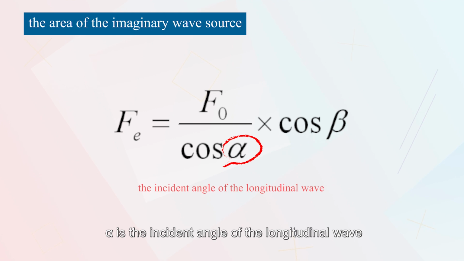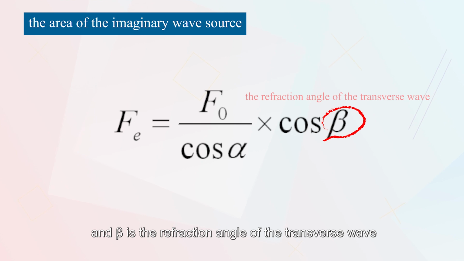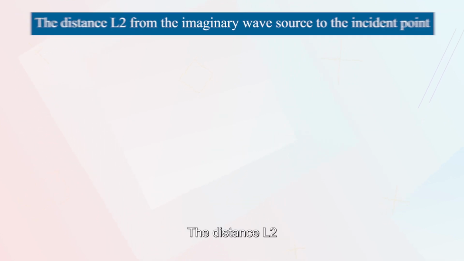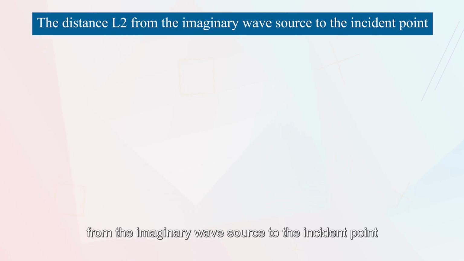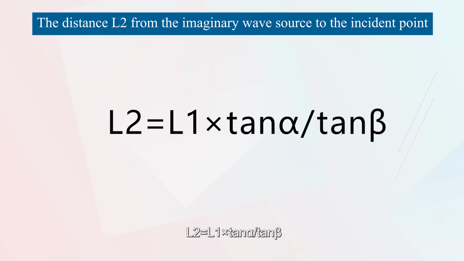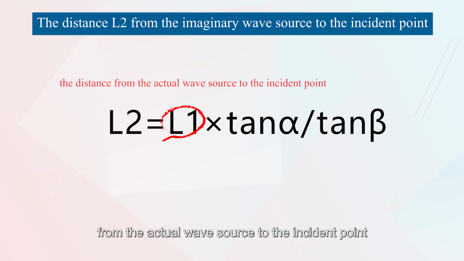Alpha is the incident angle of the longitudinal wave, and beta is the refraction angle of the transverse wave. The distance L2 from the imaginary wave source to the incident point is L2 equal to L1 multiplied by tangent alpha slash tangent beta, where L1 is the distance from the actual wave source to the incident point.